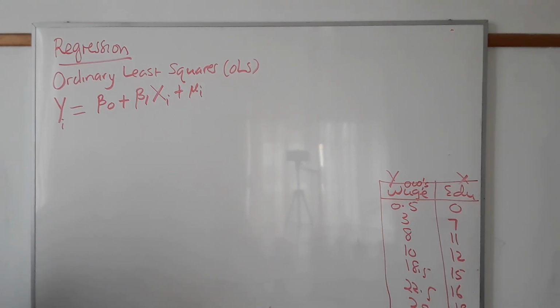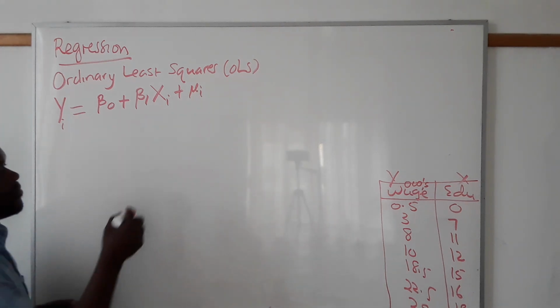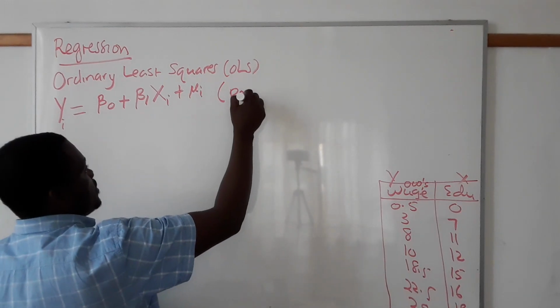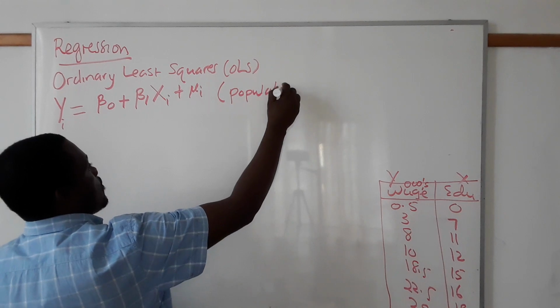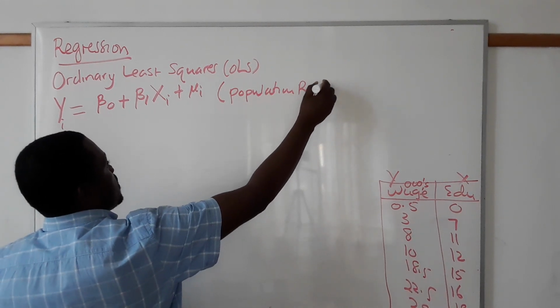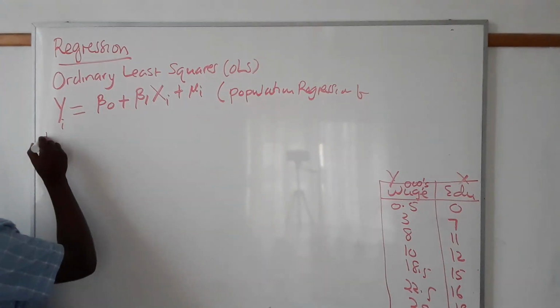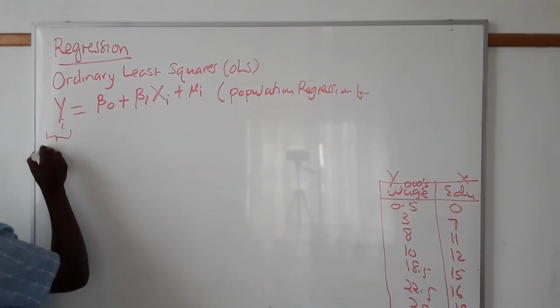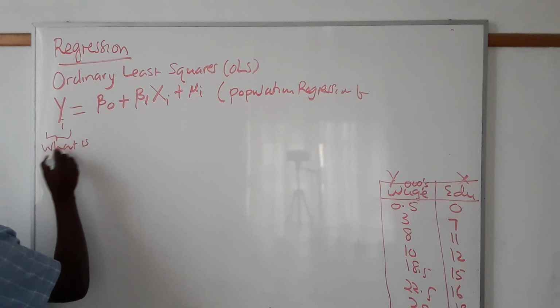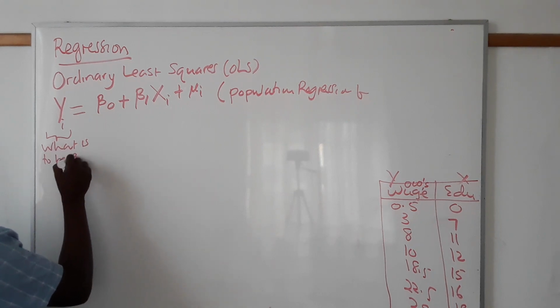Now, this one would be an example of a population regression function.